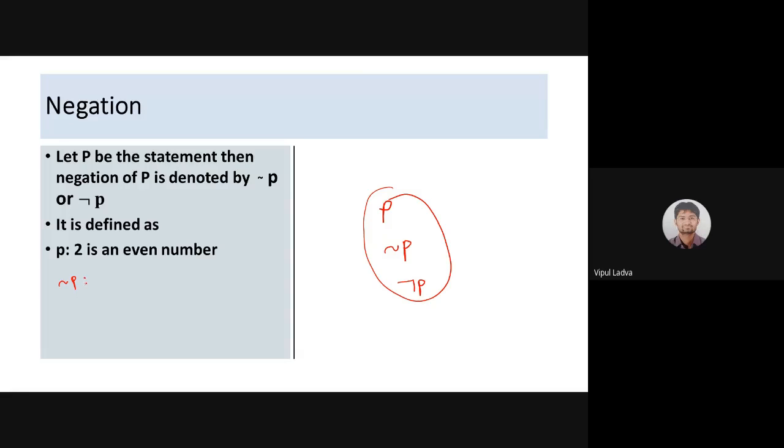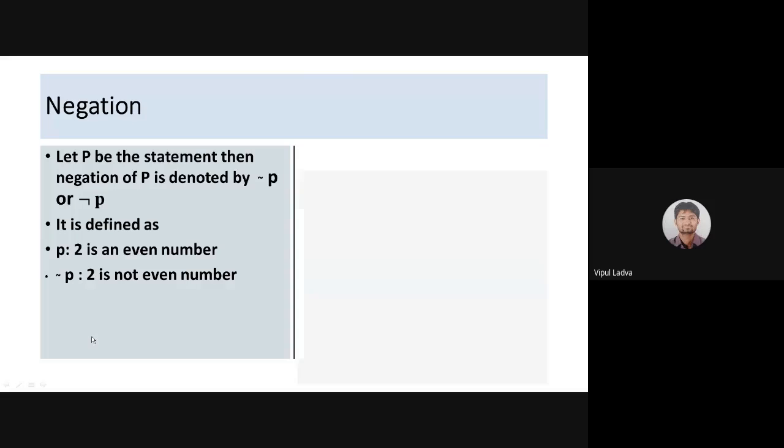If I wish to list out the negation of P, what should I write here? 2 is not an even number, or you may use 2 is an odd number. This is an example of the negation. As I said, this is very basic for you, because you have studied this before.